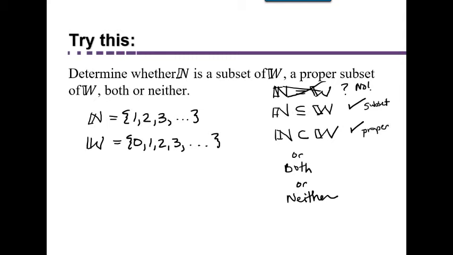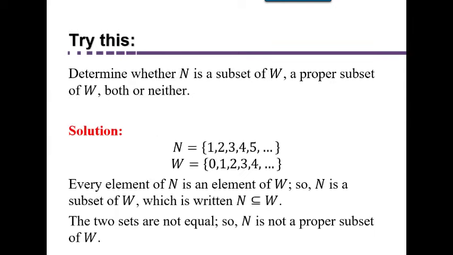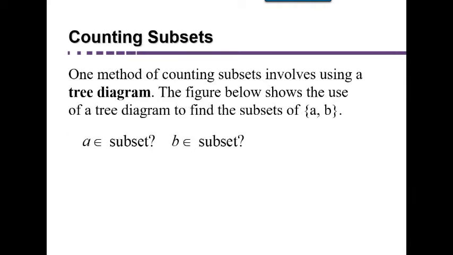The naturals are within the wholes. 1 is in there, 2 is in there, 3 is in there, and so on. Okay, now, are they equal to each other? Do the natural numbers actually equal the whole numbers? Would that be true? Nope, because 0, good.